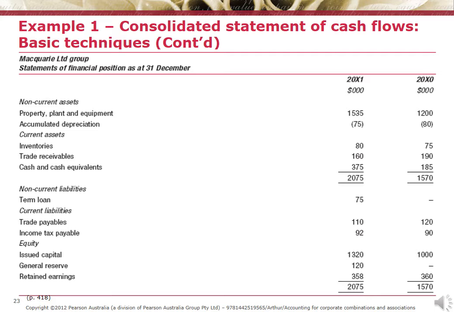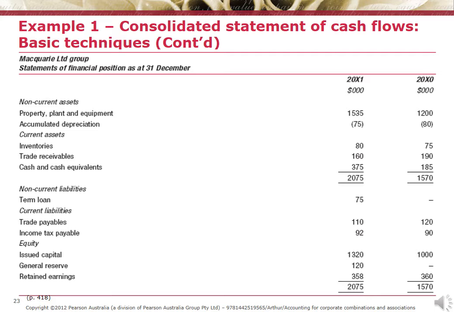We've got a term loan, and there was no term loan in the 2010 year, so that would be 75,000 received during the year. We've got a change in the trade payables account, and same with income tax payable.